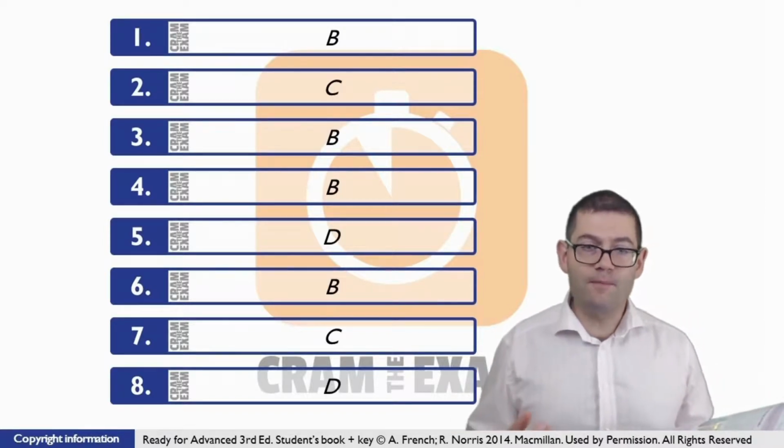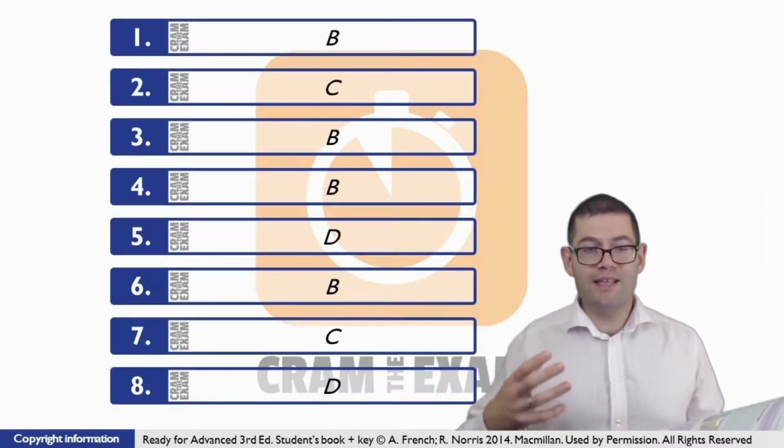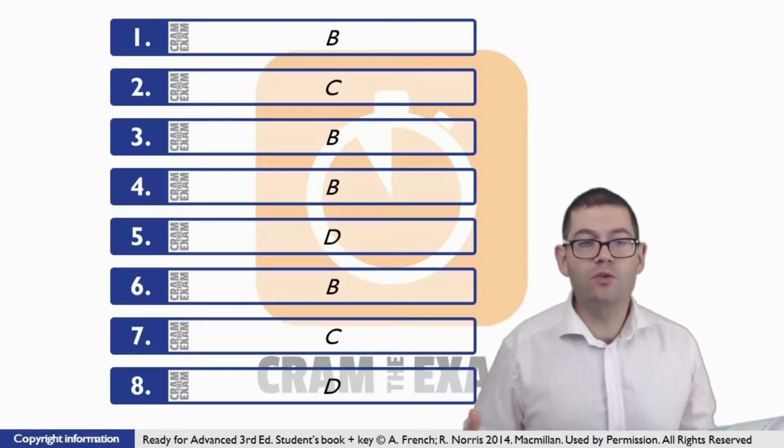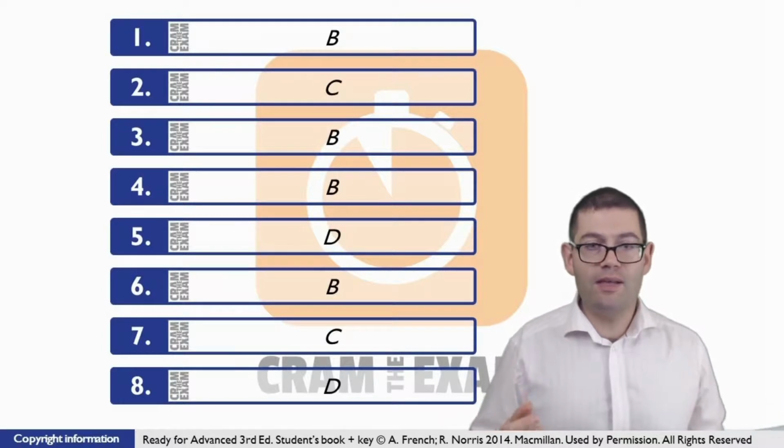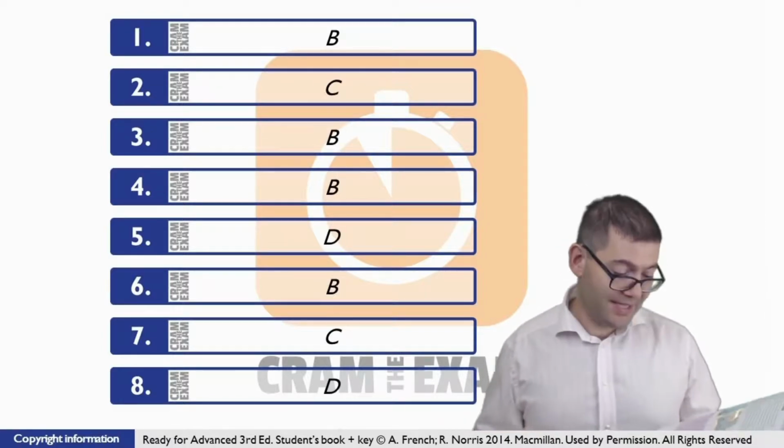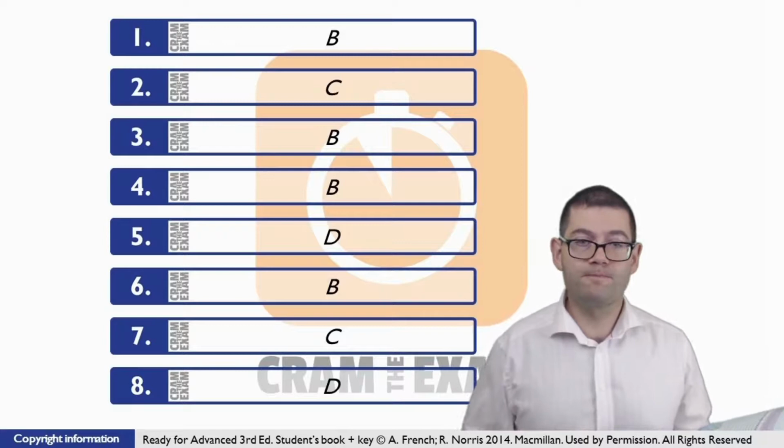What does it really mean? And of course, it means that the aim of something is, or something is meant to do something. Bearing that in mind, the only answer that we can choose is C, supposed.